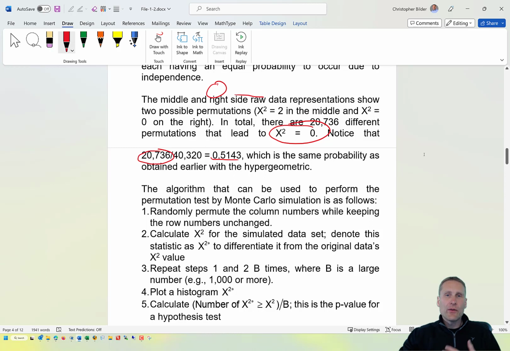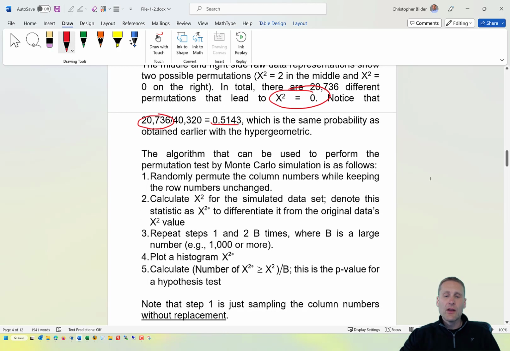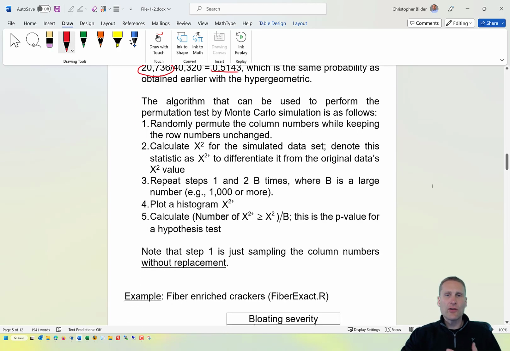If I were to do all possible permutations, that could take a long time. So instead, what is done in practice is a large number of permutations, which we'll call B. Maybe B might be 1,000 or 10,000.